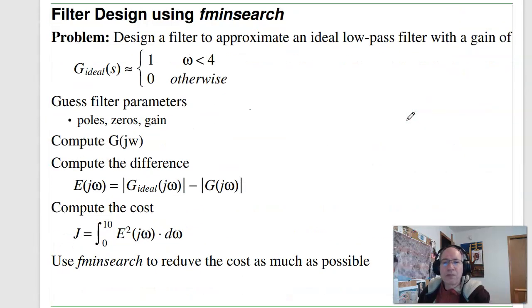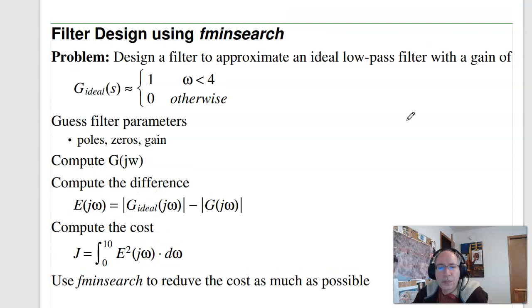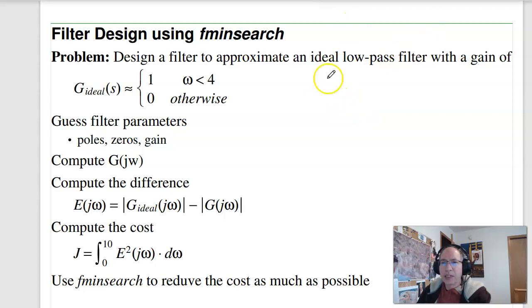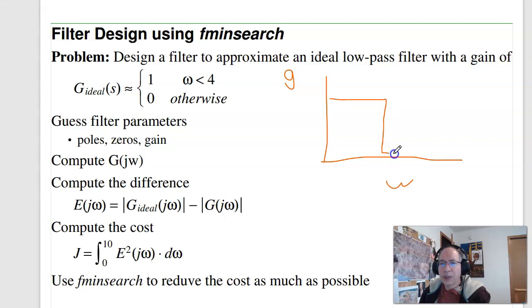And that's something you can do by trial and error, or you can let fminsearch do it for you. So the procedure using fminsearch is I'm going to specify what the filter should behave like. So if this is my frequency versus gain, I want a filter that has a gain of 1 out to 4 radians per second, and then again a 0.